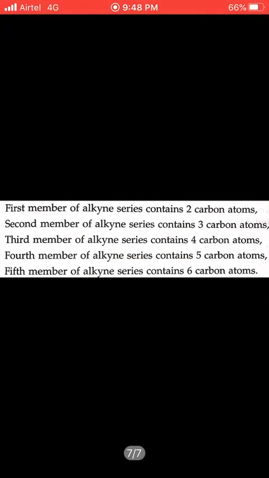Now what you are supposed to do is use these alkane, alkene and alkyne to make formulas by adding functional groups.